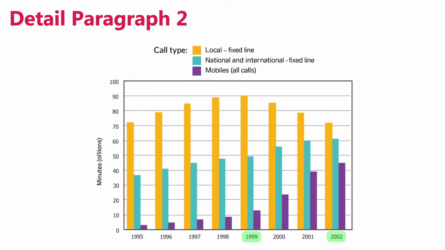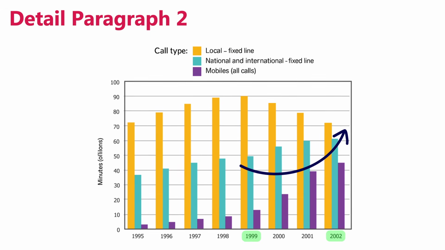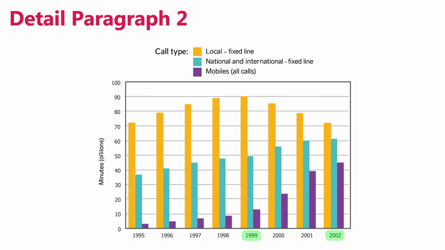And national and international fixed lines continued to rise, right? And mobile calls surged, right? They surged. The increase in mobile calls was dramatic. Okay, so I'm going to write about this.